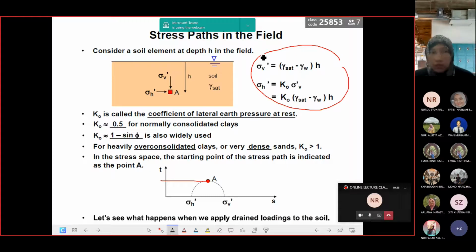As I said, when we want to represent the stress path in the field, this is the condition when you want to study the behavior of the soil.